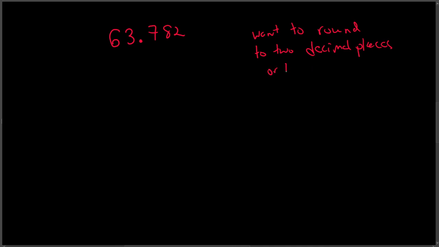And so if I have 63 and 782 thousandths, and I want to round this, and you'll sometimes hear it said to 2 decimal places, or the nearest hundredth.